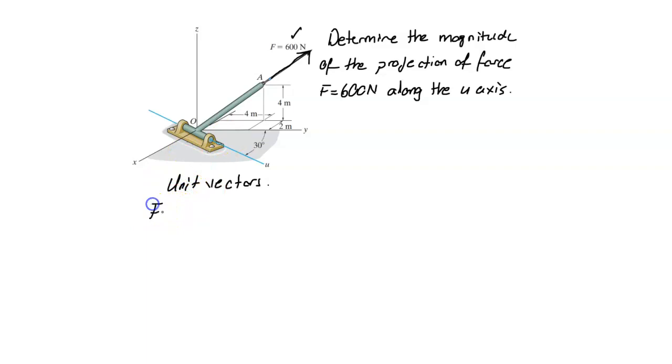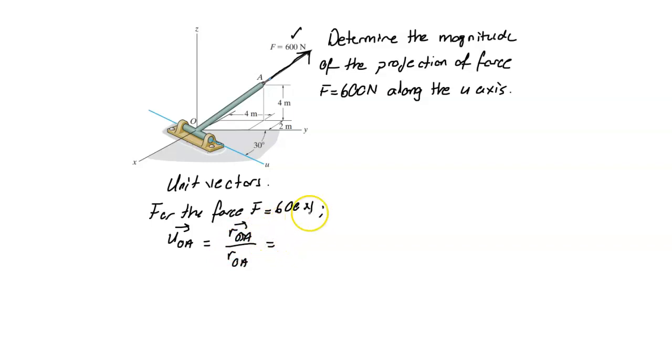So for the force F equals 600 Newton, the unit vector OA, a unit vector directed along OA, from O to A. We can write this unit vector by using the position vector ROA, divided by the length or magnitude of that vector.